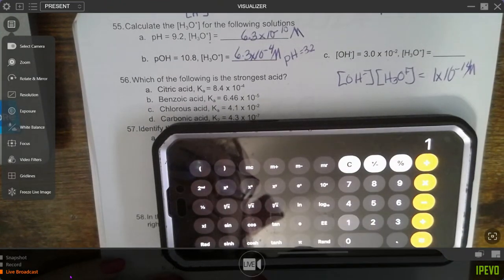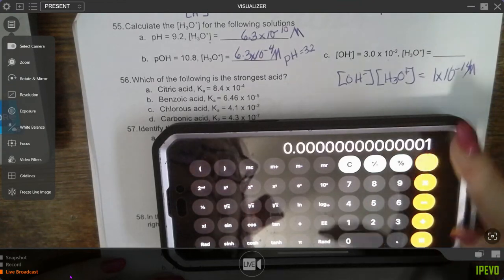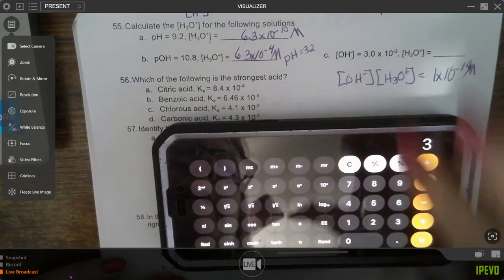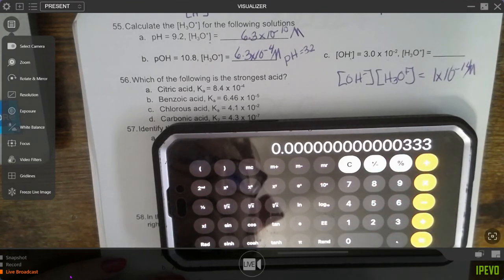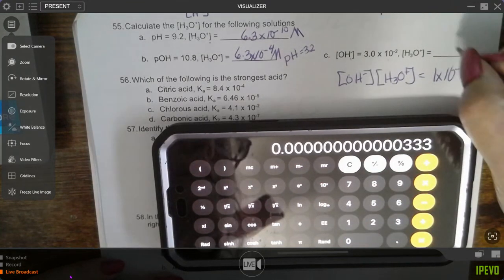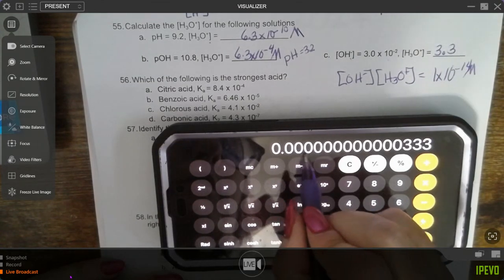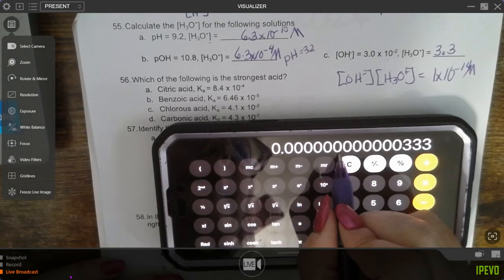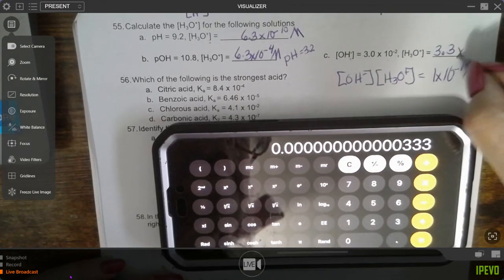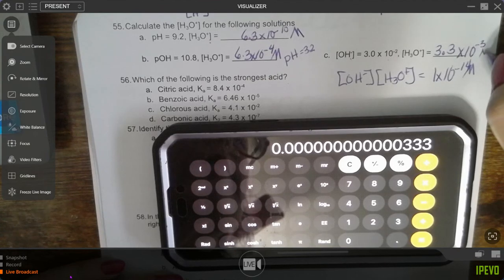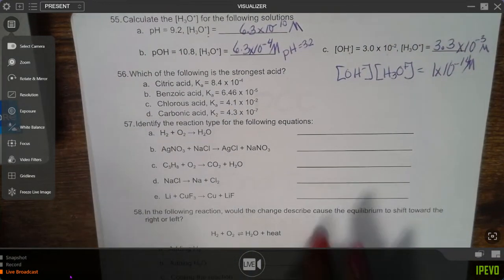So I can do 1 times 10 to the negative 14 divided by 3 times 10 to the negative second, and I get 3.3 times 10 to the negative 13. Okay, those should be fresh because we just did that titration.